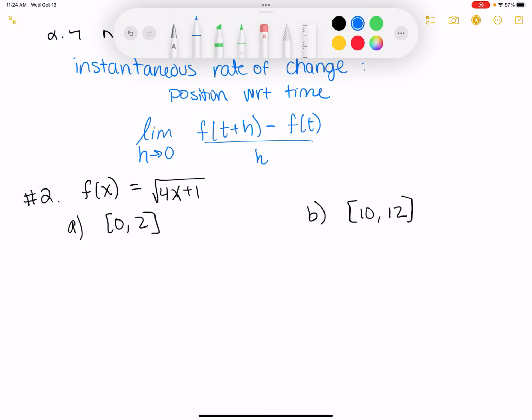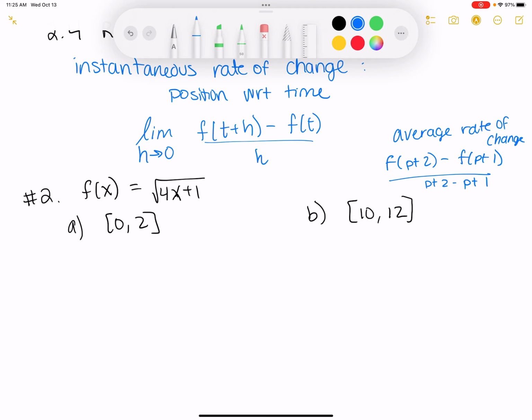The average rate of change formula: f of point number 2 minus f of point 1 all over point 2 minus point 1. Y'all had that? Should have been one of the first things that you got, I think. Yes. Okay, this is what we're using first.